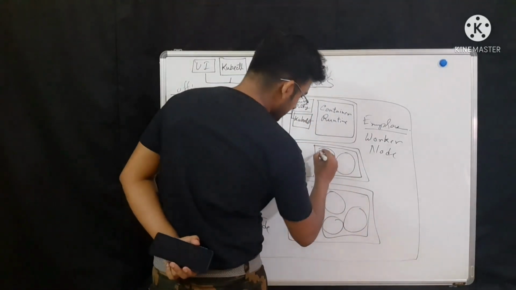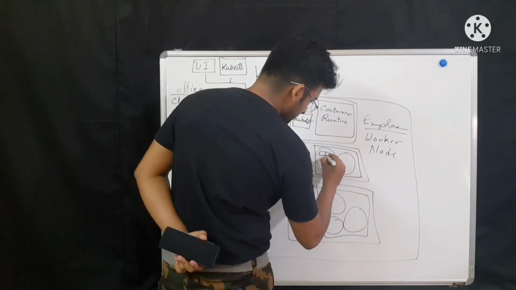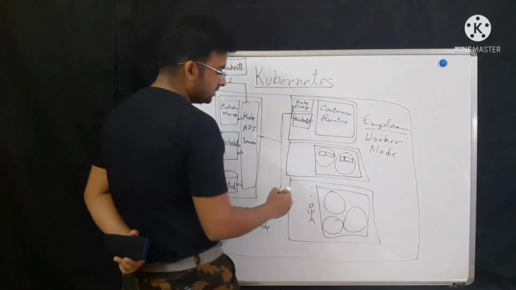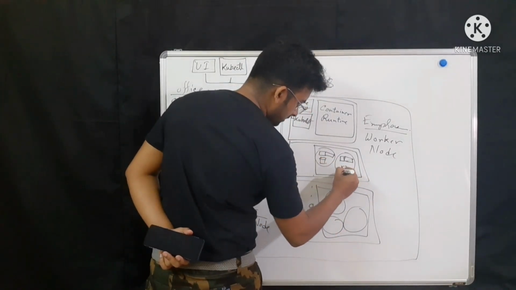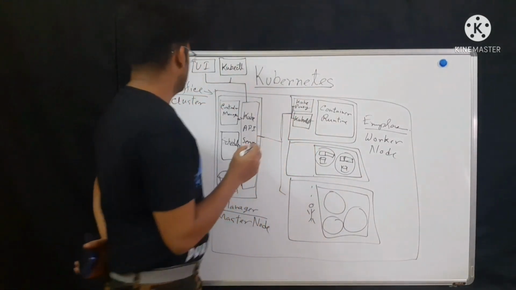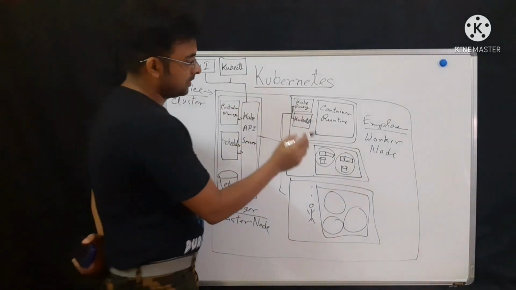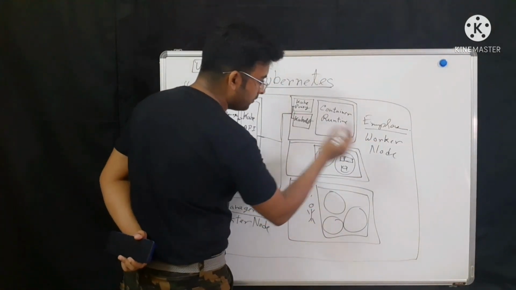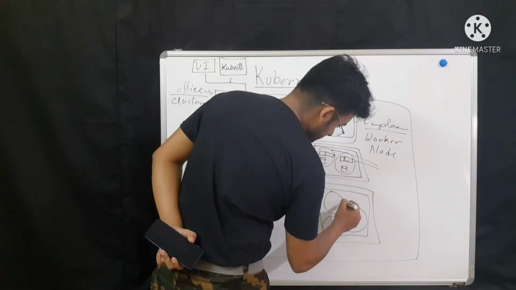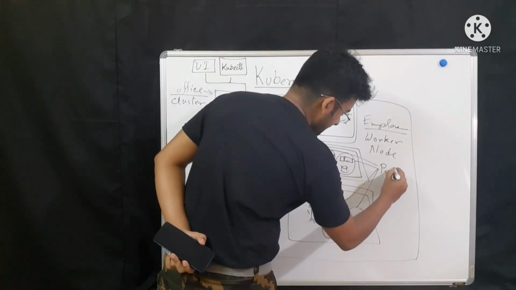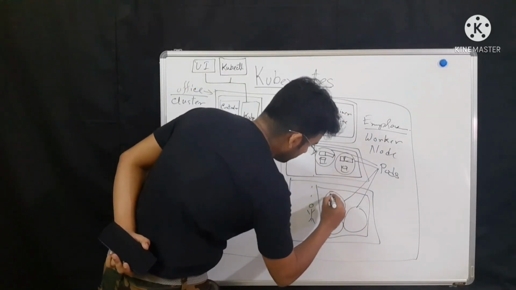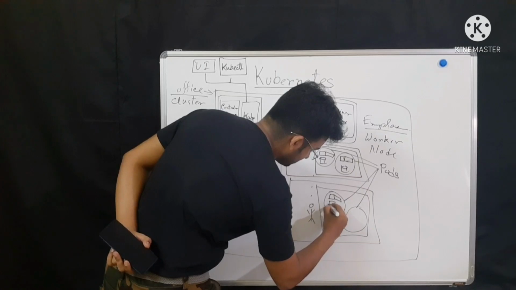In a pod there can be containers, and with it some storage can be there. So in a cluster we have multiple worker nodes, one worker node can have multiple pods, these are pods, and one pod can have one or multiple containers.